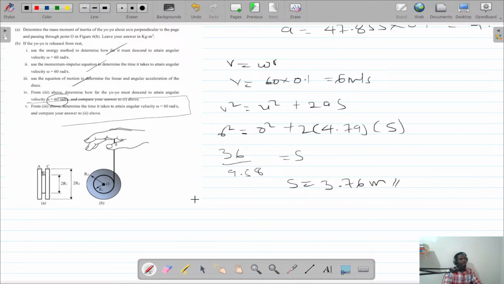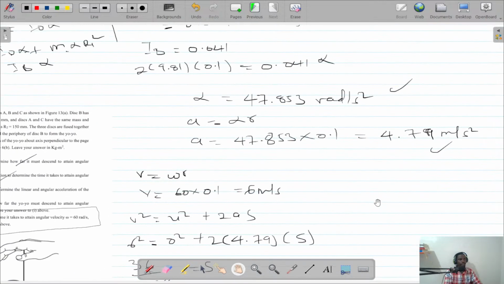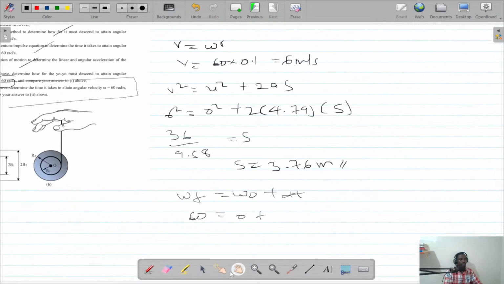So determine the time it takes to attain the angular velocity. Omega final should be equal to omega initial plus alpha t. Omega final is 60, equal to 0 plus alpha, and alpha was 47.853.